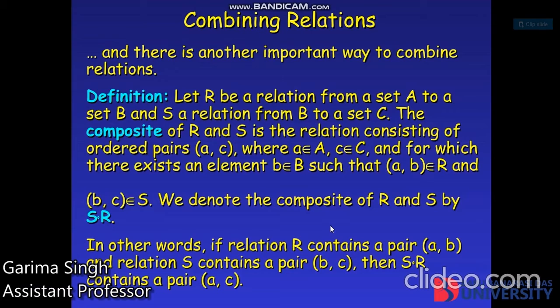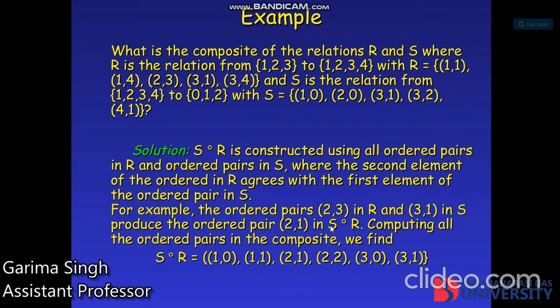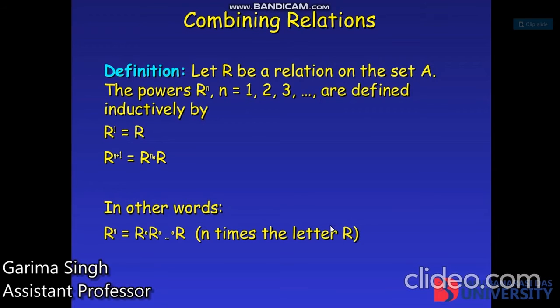In other words, if relation R contains a pair (a, b) and relation S contains a pair (b, c), then the composite contains (a, c). This is an example of combining relations.